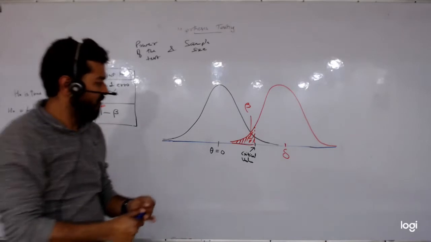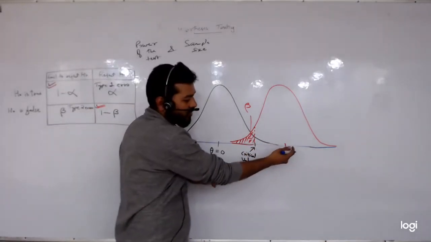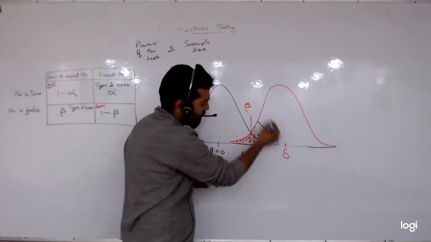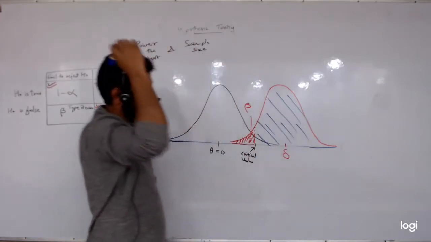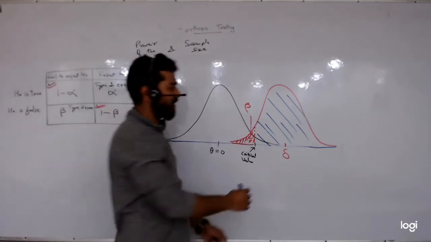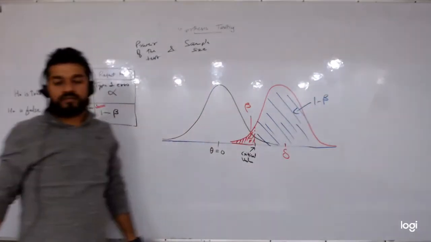If things go well, we should have our value close to here. Further away there causes no problem. That is, if this is beta, this blue one is 1 minus beta.